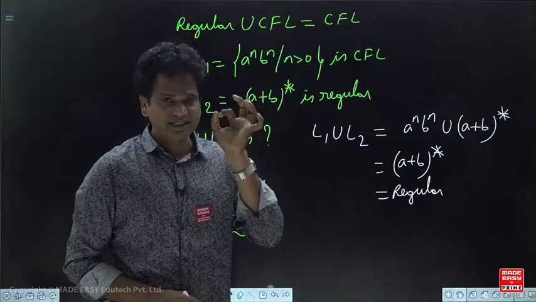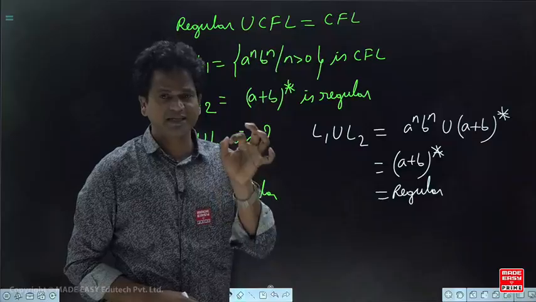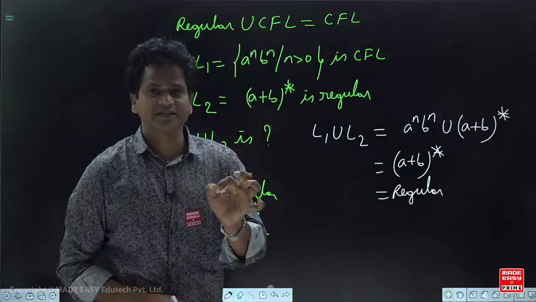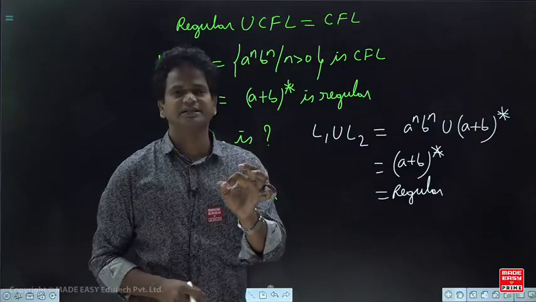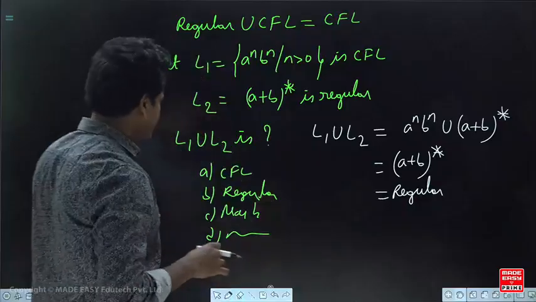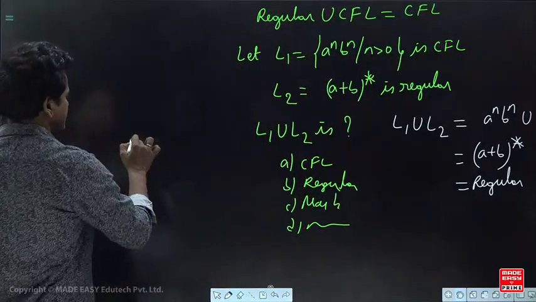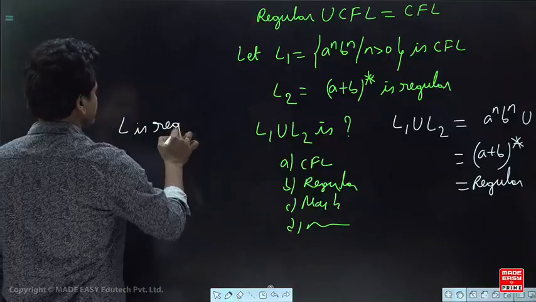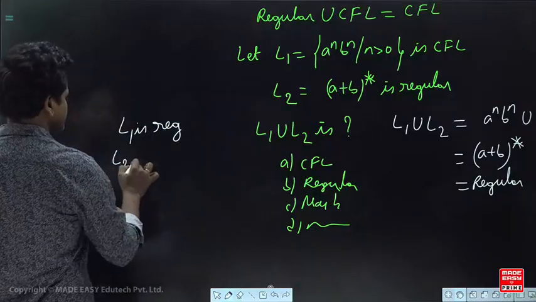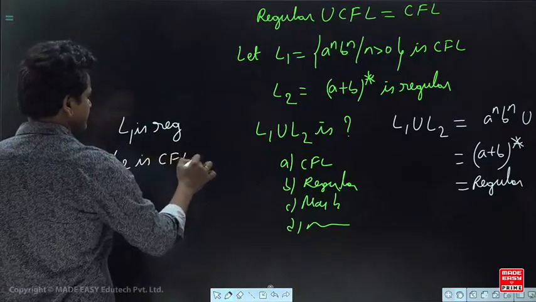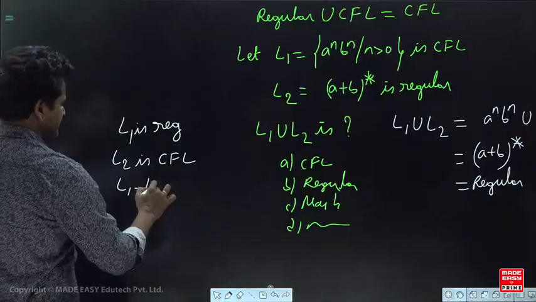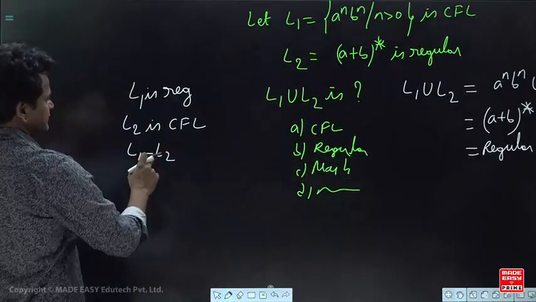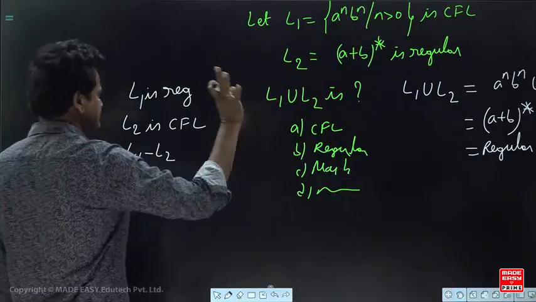The set difference of a CFL with regular is CFL. But if they ask you like this, L1 is regular and L2 is CFL, then what is L1 minus L2?